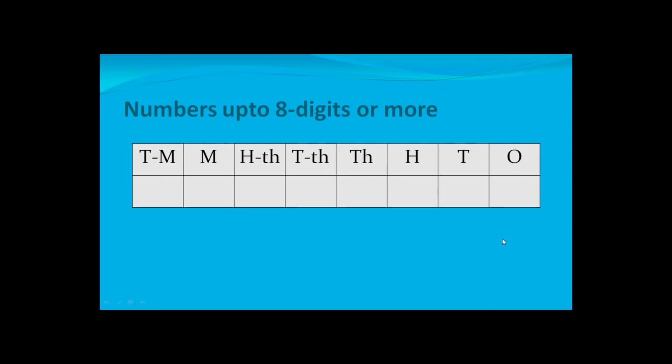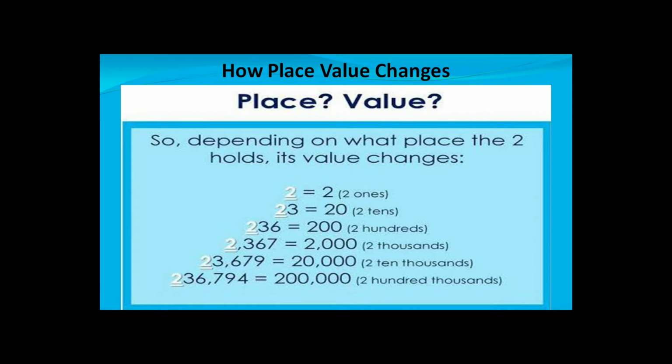So next, how place value changes. I hope you all studied about these things, but we can revise it so that it would be easy for you to solve the sums. Depending on what place the 2 holds, its value changes.